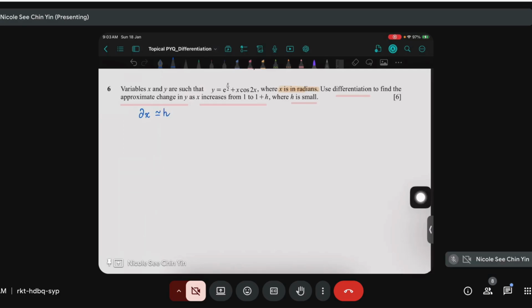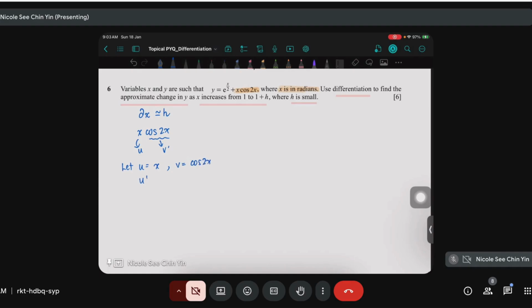Second thing, I need to find my dy dx of this equation. First thing first, I'm going to separate them and work out this product rule first. So x cos 2x, I will let this x become u, this cos 2x become v, before I start to differentiate. So let u equals to x, let v equals to cos 2x.